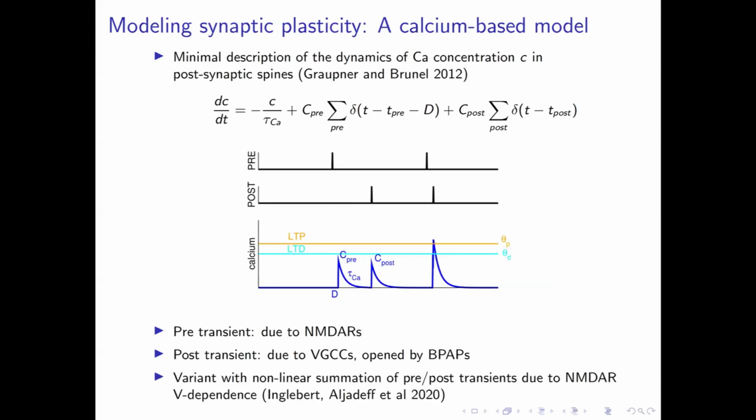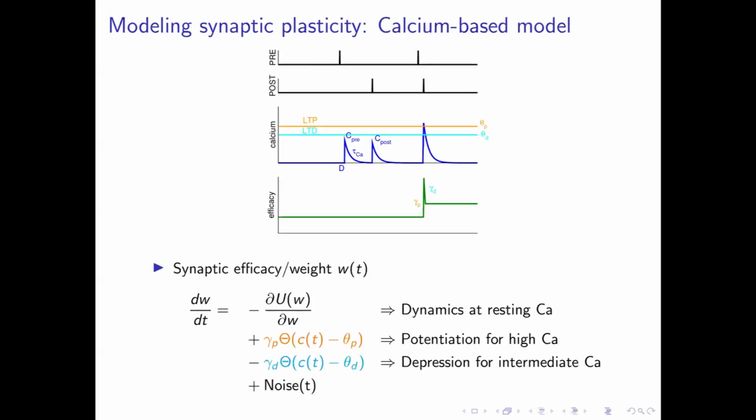And we build various variants of these models, but I don't have time to tell you about it. The main point here is that you have these thresholds where the synaptic efficacy itself will basically be driven by the time spent by the calcium concentration in each region. So when the calcium concentration exceeds the high threshold, the efficacy goes up, while when it's in this intermediate region, it goes down.